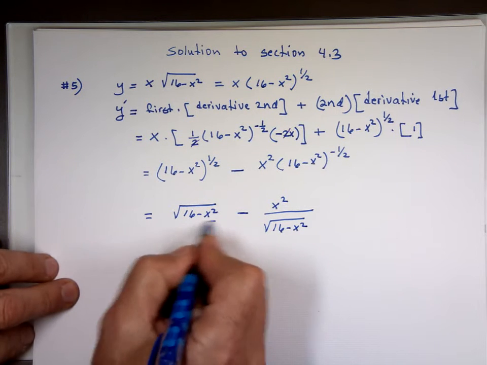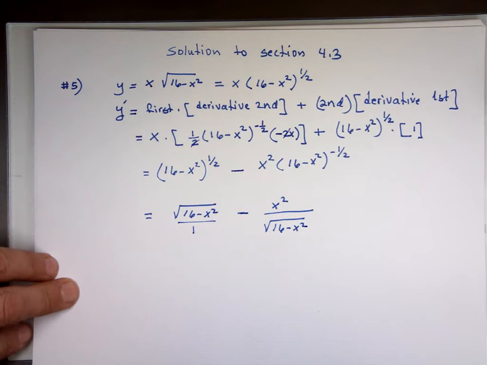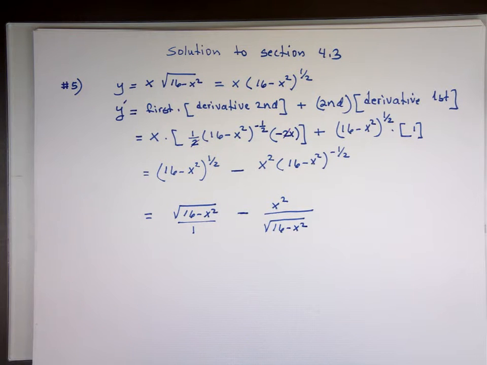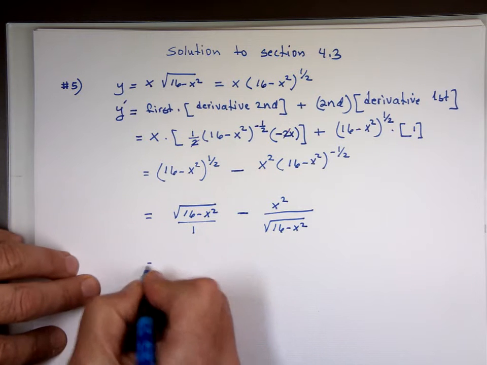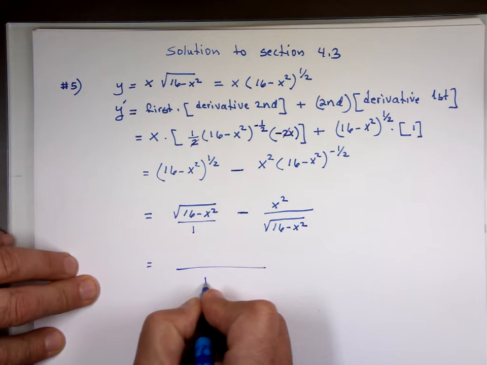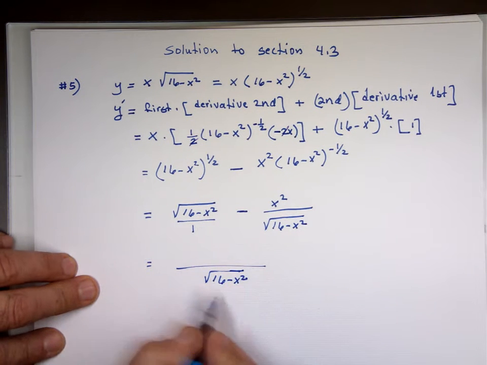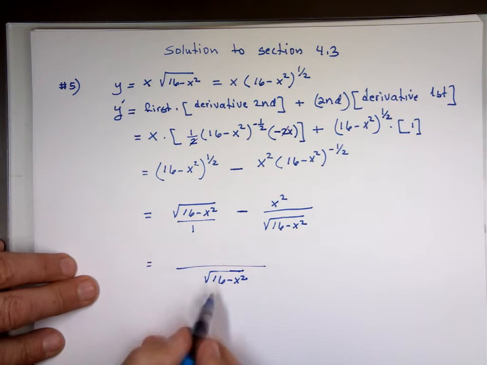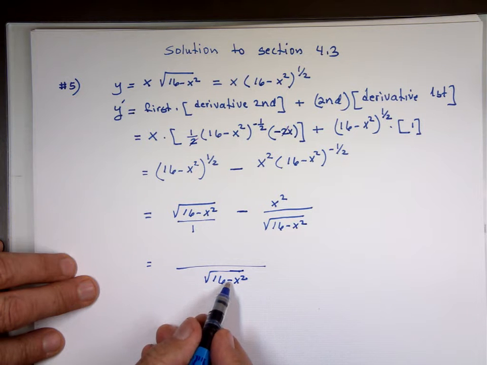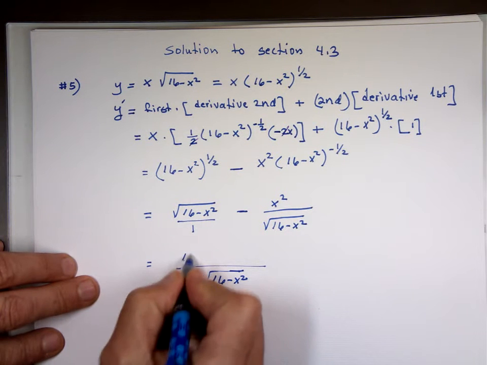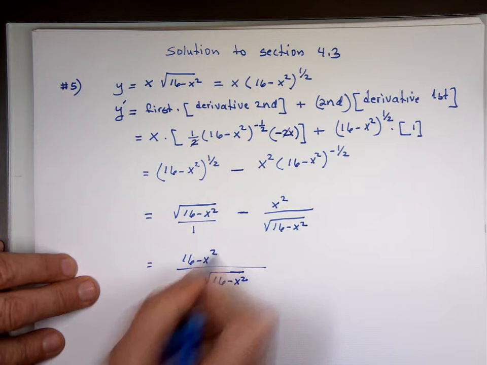Notice this is over 1. So if you need to add or subtract, what do you need? A common denominator, right? So when you multiply this one by the square root of 16 minus x squared, you just lose the 16 minus x squared.